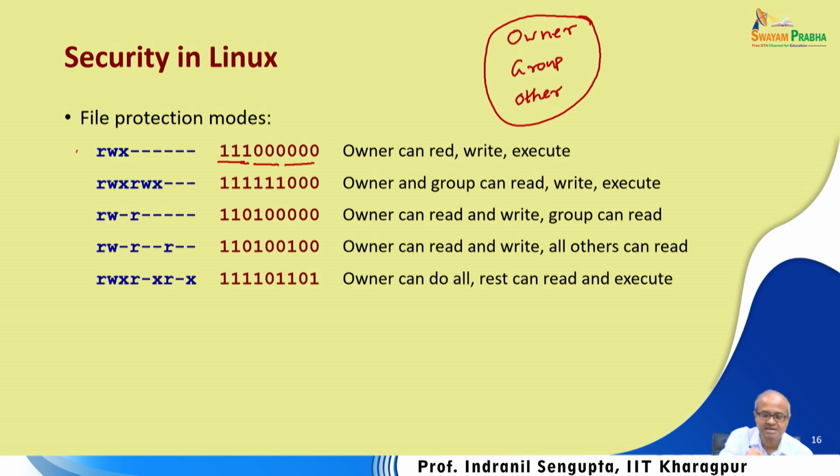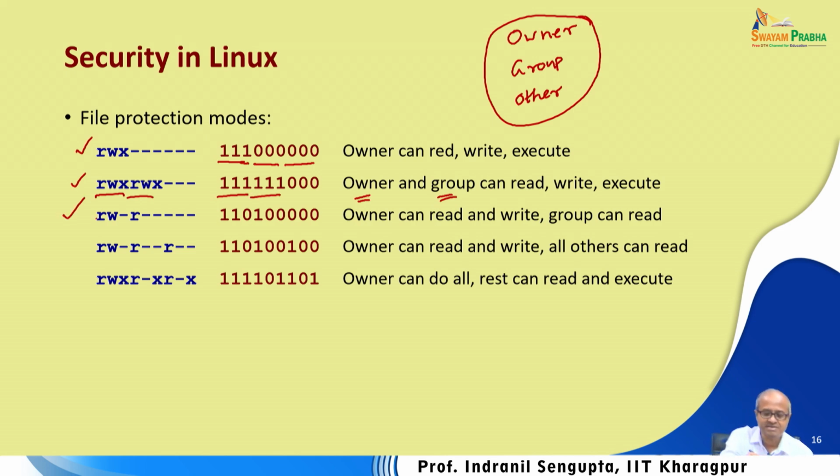If it specifies like this, RWX, others are no access, I write it as 111.000.000. This means owner will have read, write, execute access, but other members of the group or anyone else will not have any access. But if I write RWX for group too, then owner as well as the group will have access, that means 111.111.